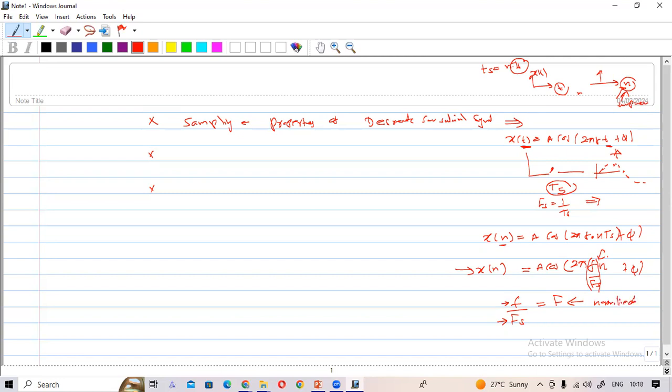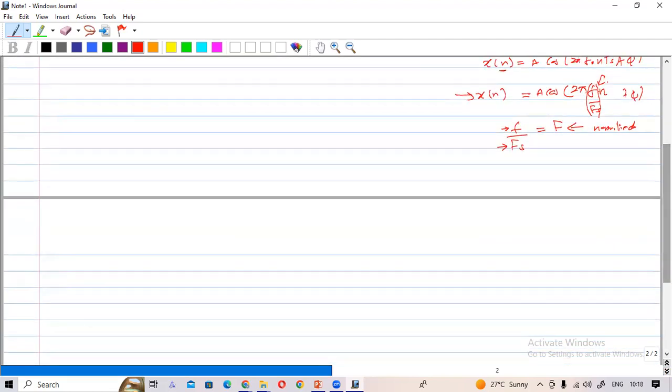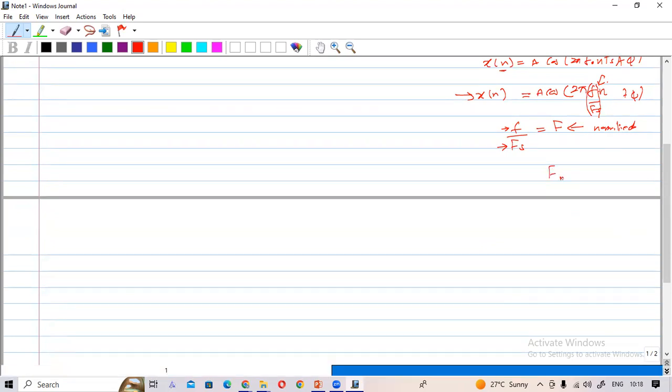That is one major property we have discussed. This normalized frequency of a discrete time signal is between minus half and plus half. This relationship is very important, so you better remember and understand this concept.